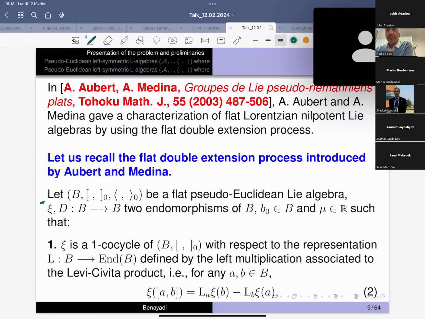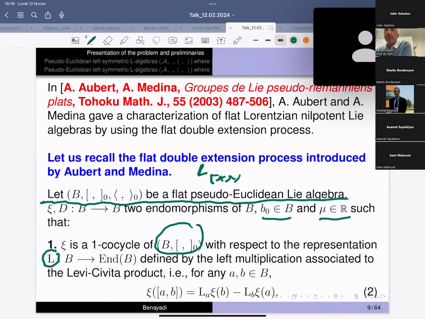We start with a flat pseudo-Euclidean Lie algebra B, and we consider two endomorphisms C and D of B, one element ξ in B and a scalar in R, such that ξ is a one-cocycle with respect to the representation L, not the adjoint representation, but the representation defined by this one, because in this case this Lie algebra is flat, and the curvature being 0 is equivalent to this.